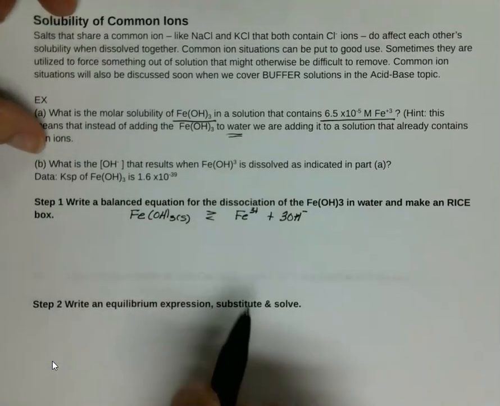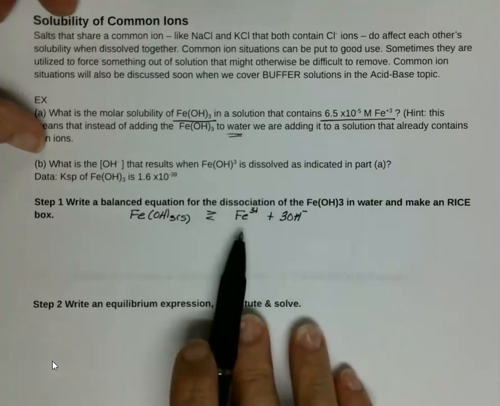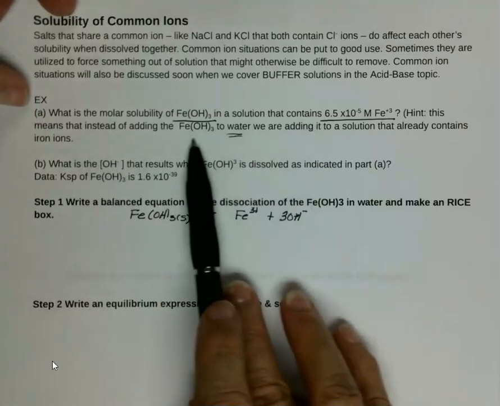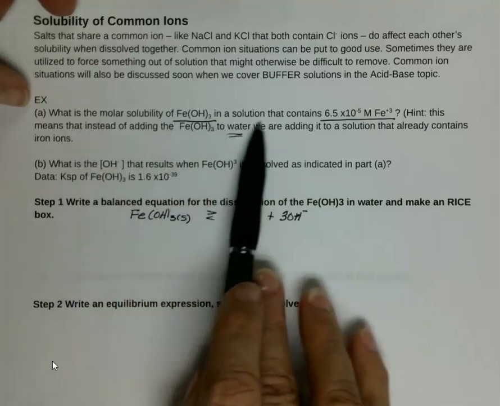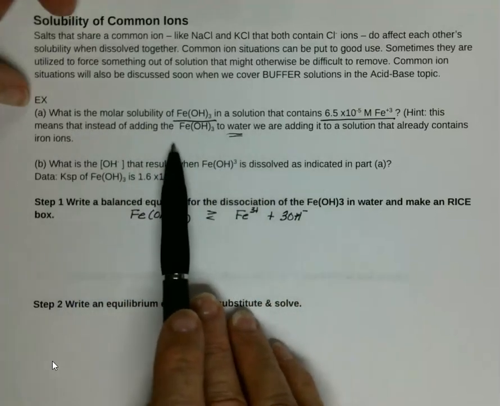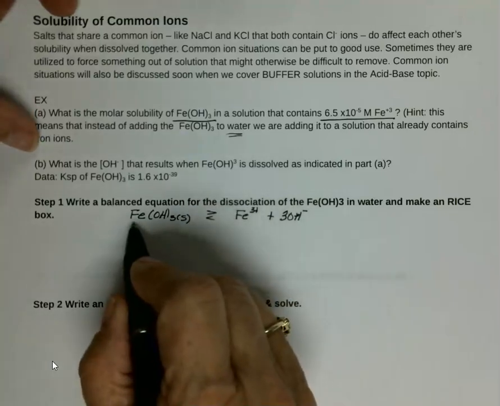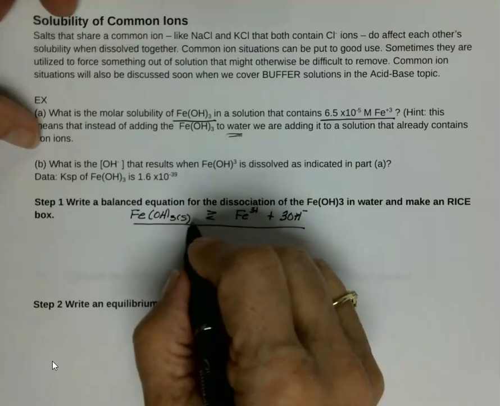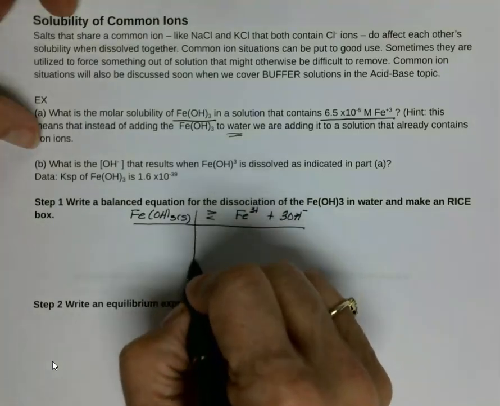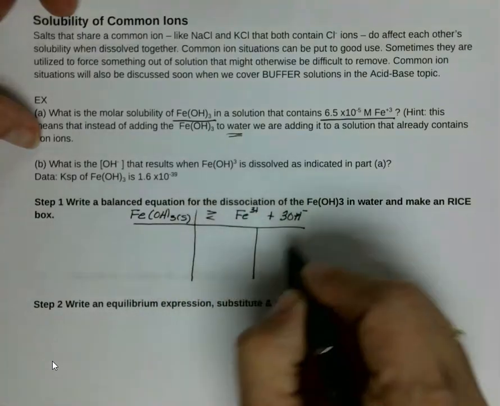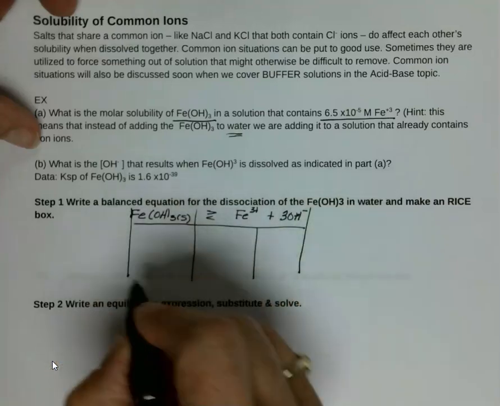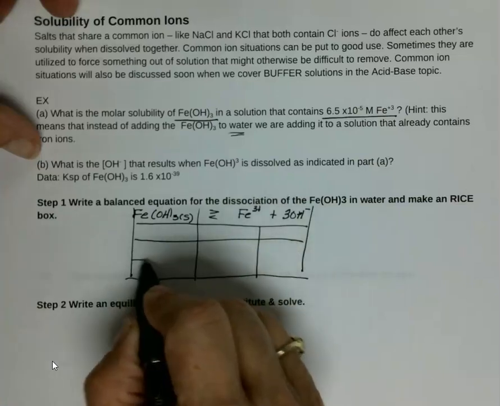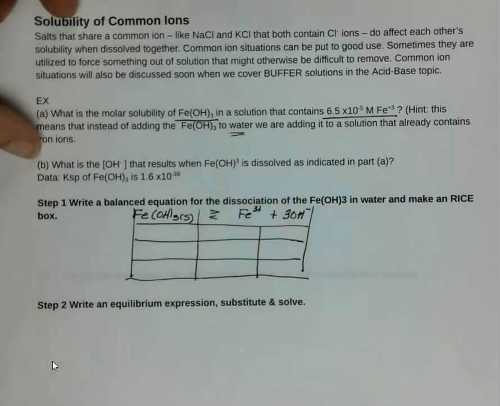Now we're wanting to calculate the molarity of the ending solution. Since I've got this written, I'm going to go ahead and just do my RICE table straight from here. I guess I needed to draw those lines, but oh well.